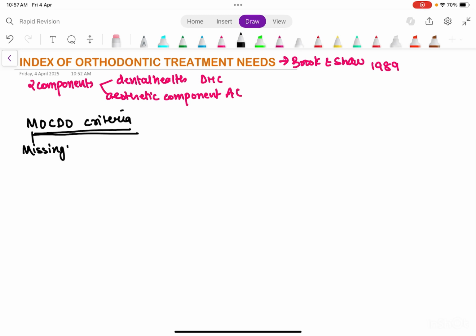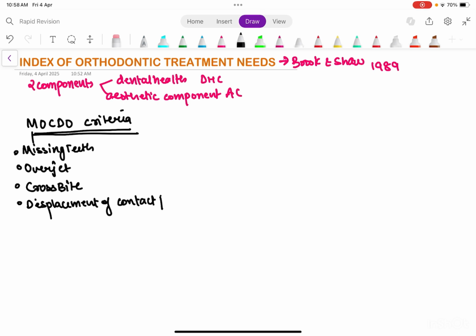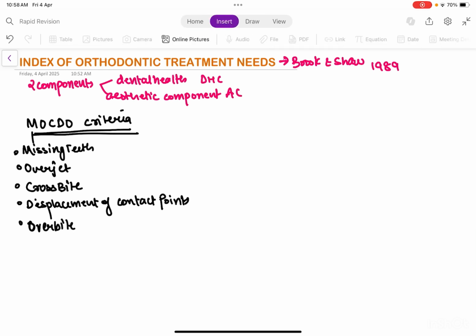Now these are the factors that are evaluated. M is missing teeth, O is overjet, C is crossbite, D is displacement of contact points, O is overbite.